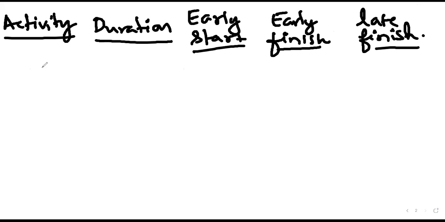Okay, give me the list of activities. 1-2, 2-3. Totally how many activities are there? 6 activities, sir. Okay, manageable.